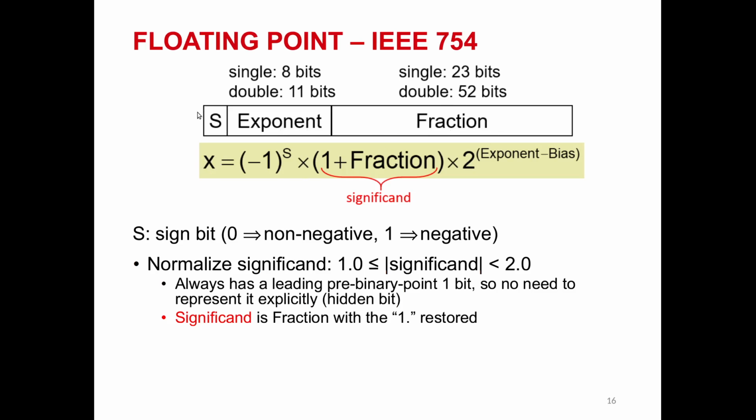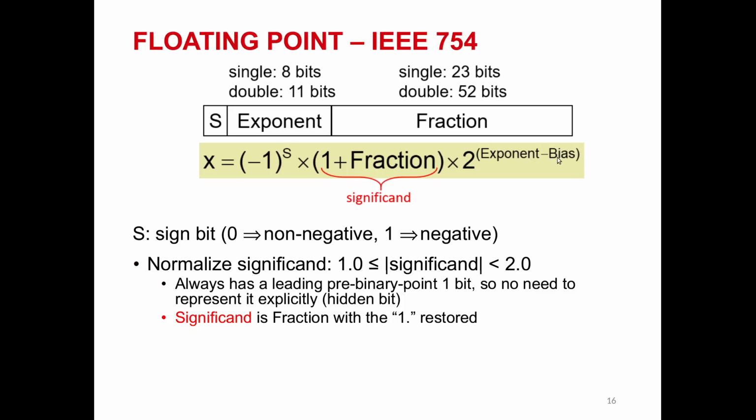The value of this format will be -1 power s, which is the sign for the value, and then multiply with the significand, which is 1 plus the fraction, and then multiply with 2 power exponent minus bias.